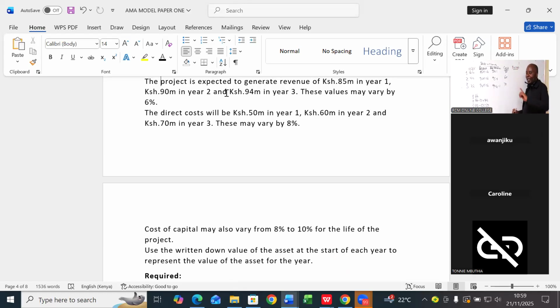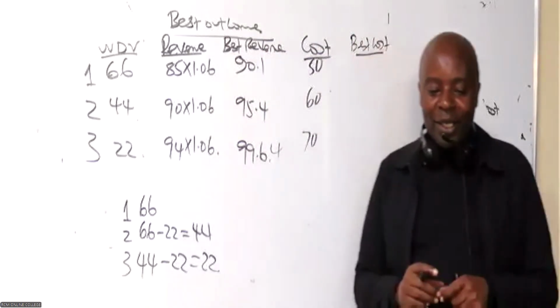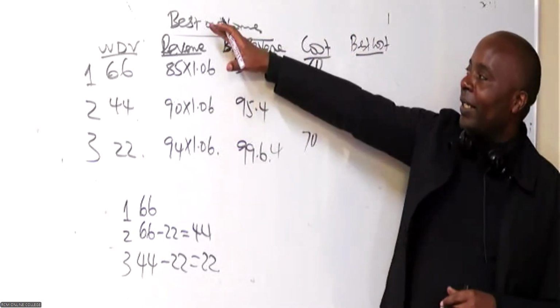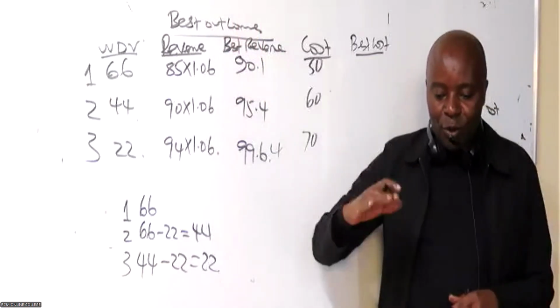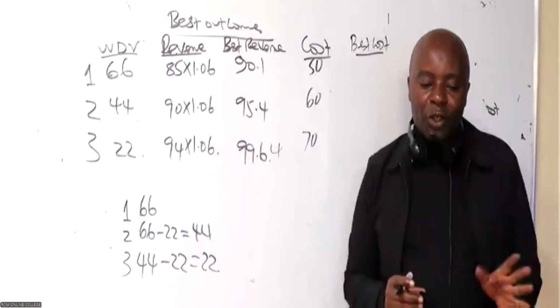Varying means either increasing or reducing. Because you see, first part is best outcomes, best revenue, best cost. Reduction by 8%. Yes, reduction by 8%.